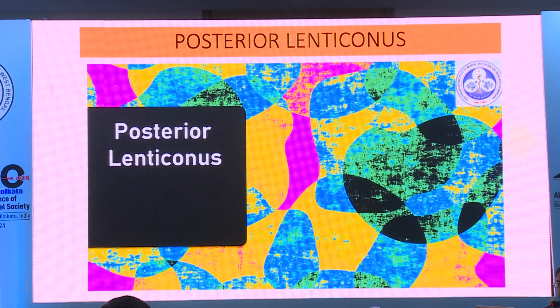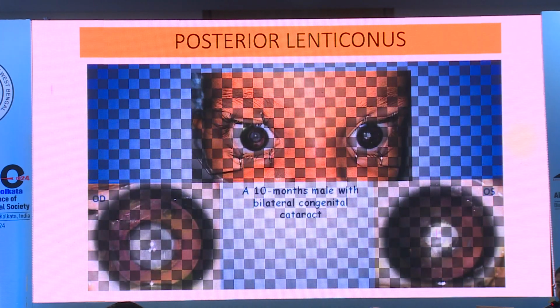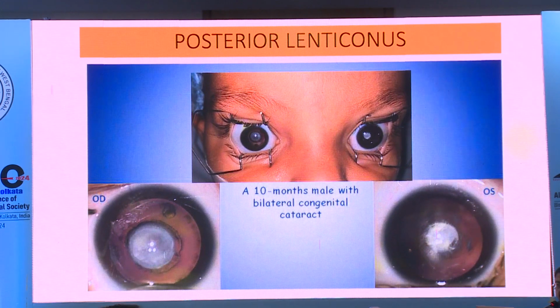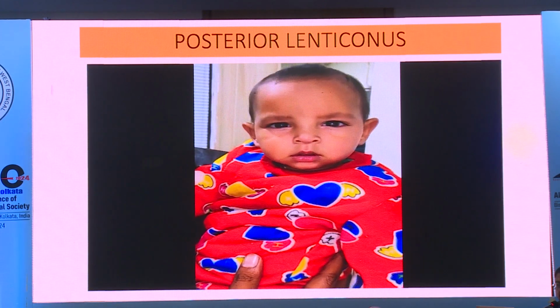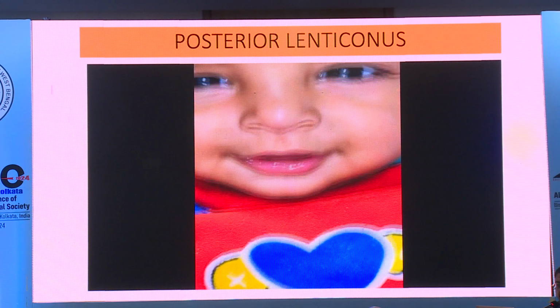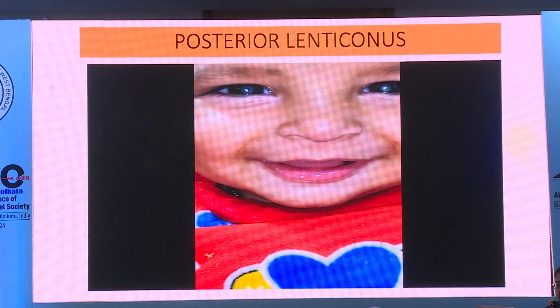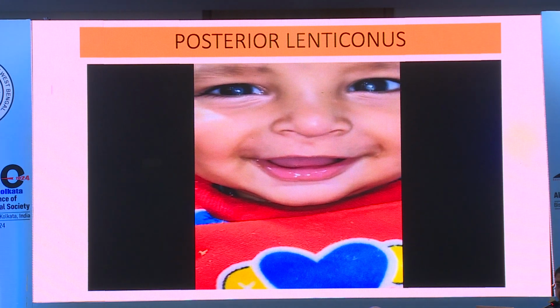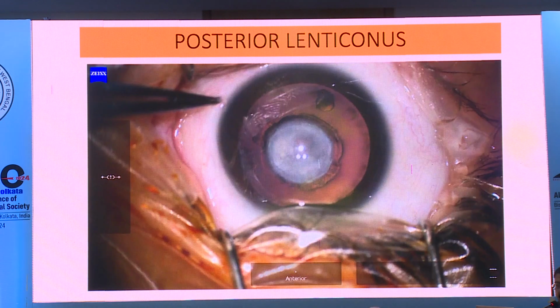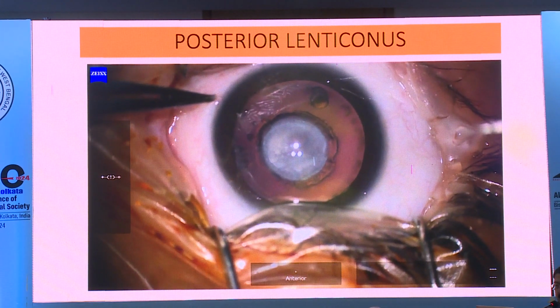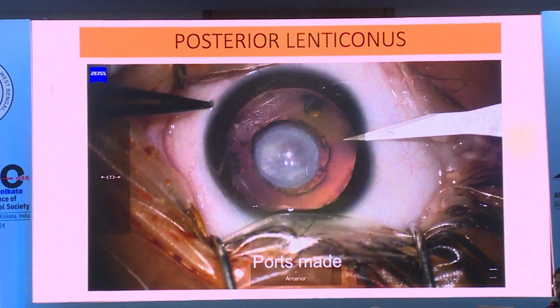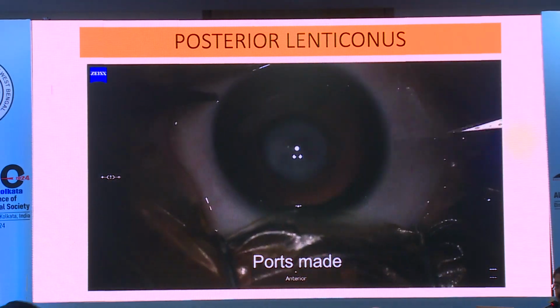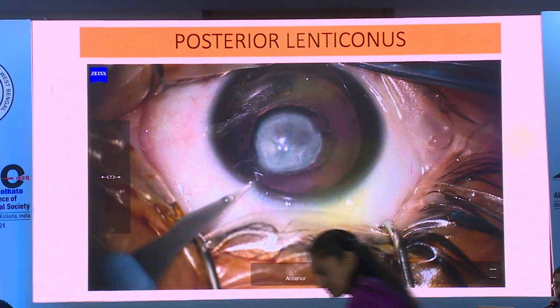So this is one patient, posterior lenticonus. You cannot find it out if you do not dilate the pupil. After dilatation, we know that there is a lenticonus, and that is a posterior lenticonus.